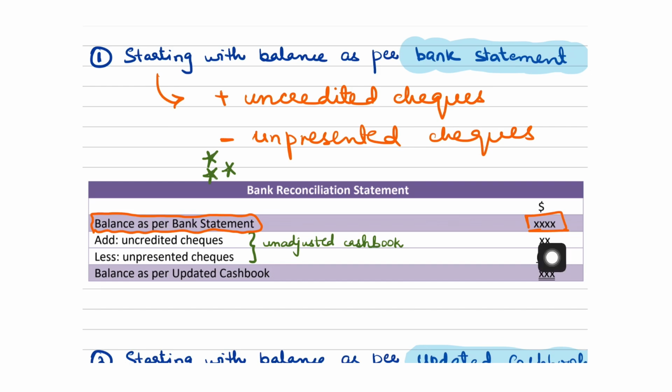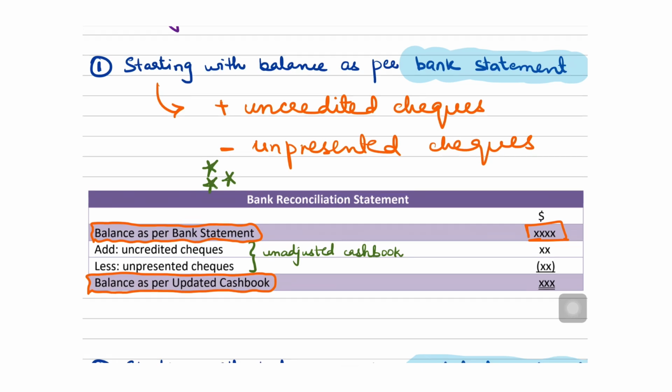And if we are starting with the balance as per bank statement, we will add all the uncredited checks. What are uncredited checks? The deposits, the checks received by the business. They will be added because that will increase the bank statement balance, and all the unpresented checks, the payments, the cash outflows, will be subtracted from the bank statement balance to decrease it, and then we will arrive at the balance as per updated cash book, which we usually prepare before preparing the bank reconciliation statement.